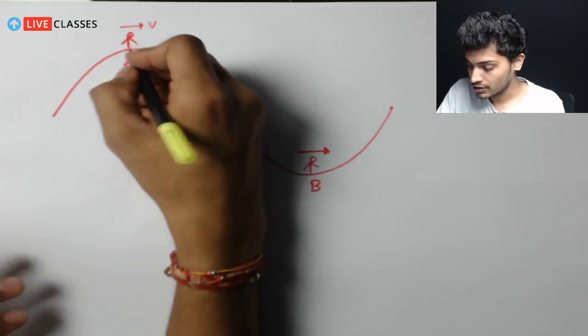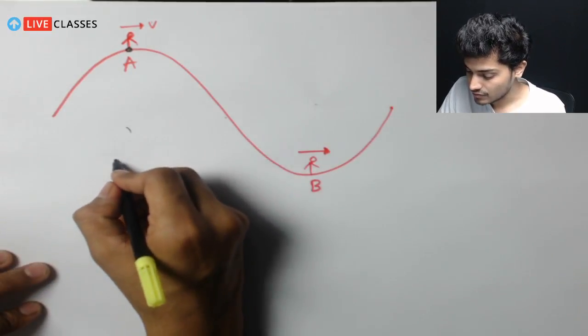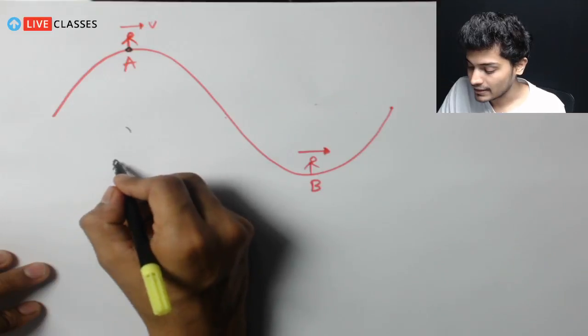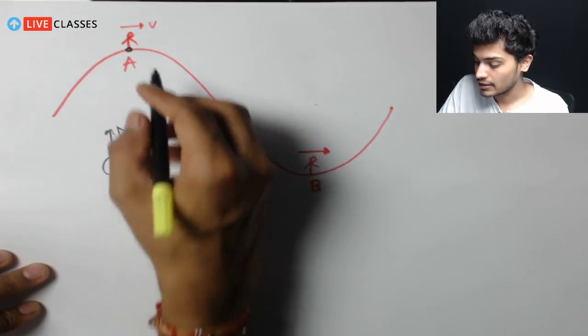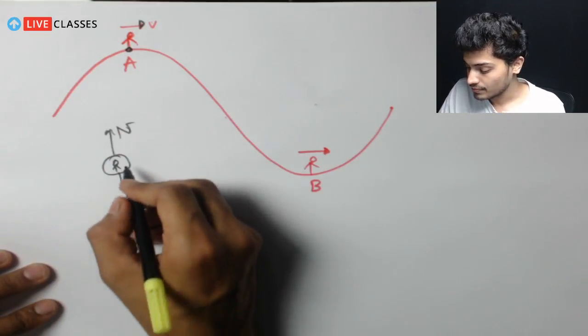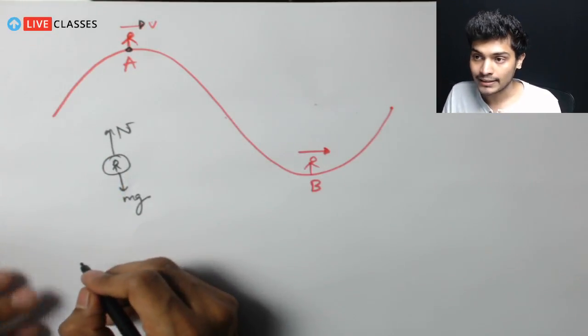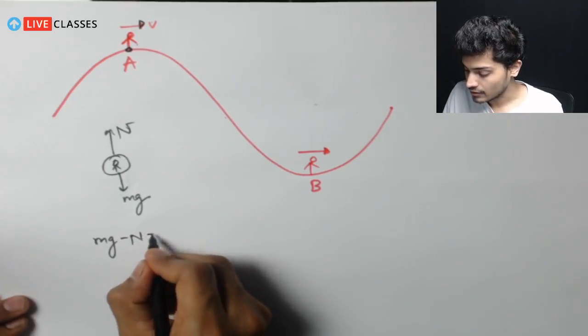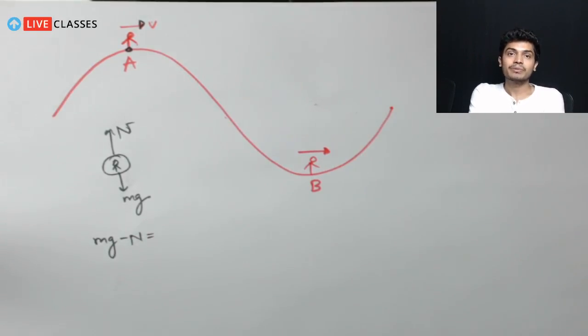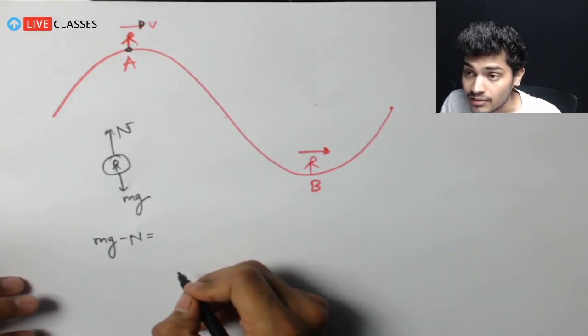So first of all, draw the FBD of the block kept at A. It will be mg, it will be N, and it is moving with v. So the total force acting towards the center is mg minus N. For centripetal force, whatever forces are acting toward the center, just write down those forces and equate them with mv square by r.